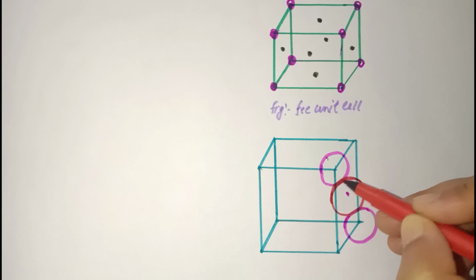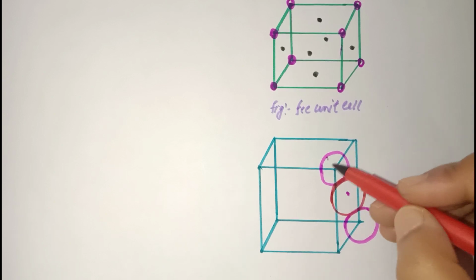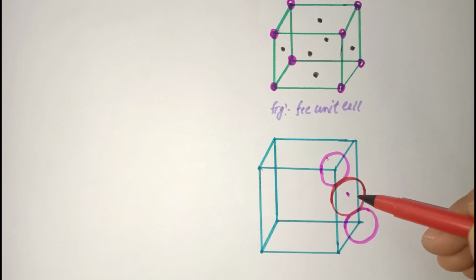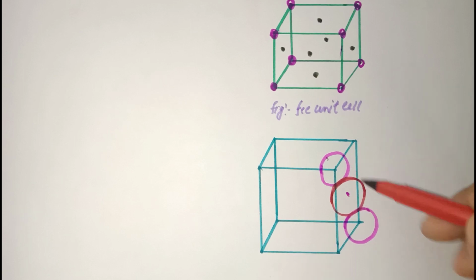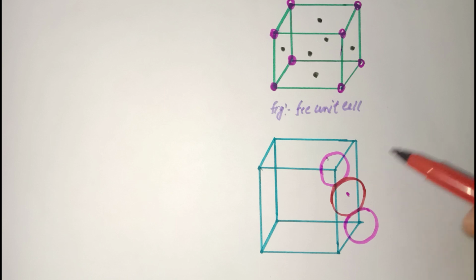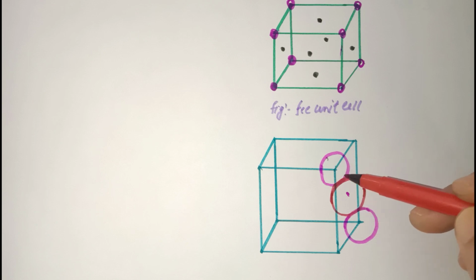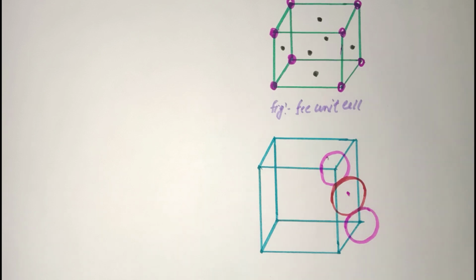This is the center atom for this face and these are the corner atoms. It is clear that the face center atom will be in touch with the two atoms diagonally arranged. So I am considering these 3 face diagonal atoms only. This is the face diagonal.